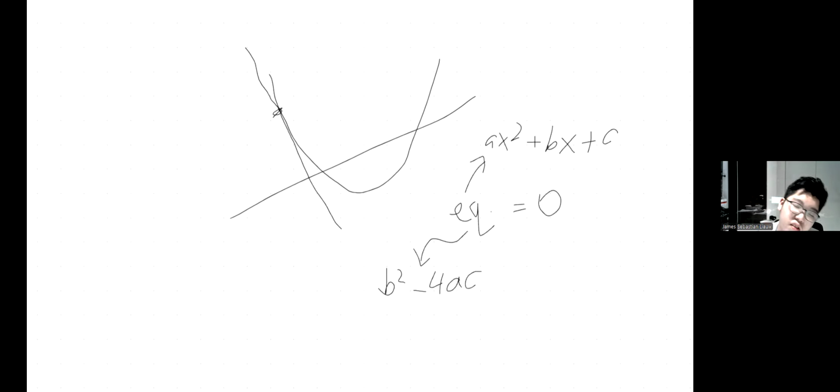Those who have watched the differentiation video will know a bit more on how this works. When b squared minus 4ac is greater than 0, then we have two intersections.